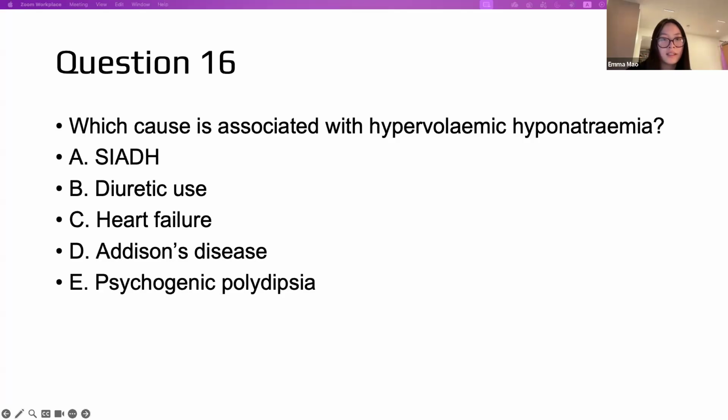Okay, nice. That one's hypovolemic hyponatremia. Oh no, what am I saying? That one's heart failure because it's hypervolemic, so they look quite fluid overloaded, and they have hyponatremia. So heart failure is the one which has a dilutional effect.